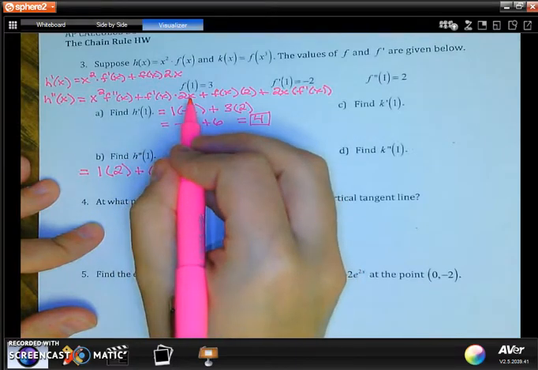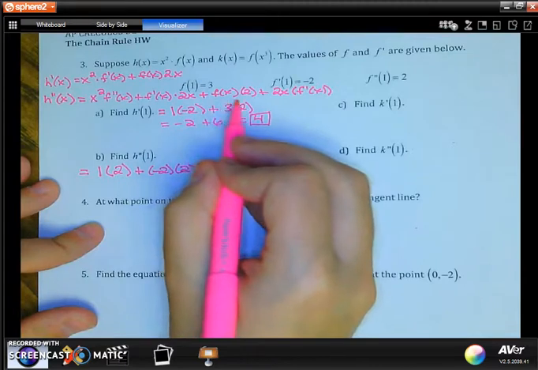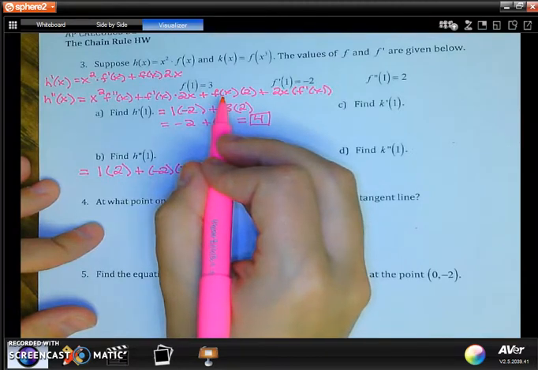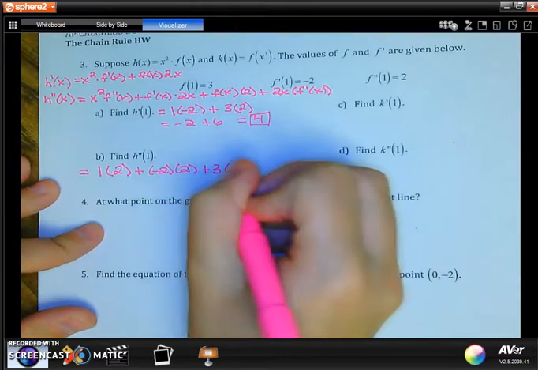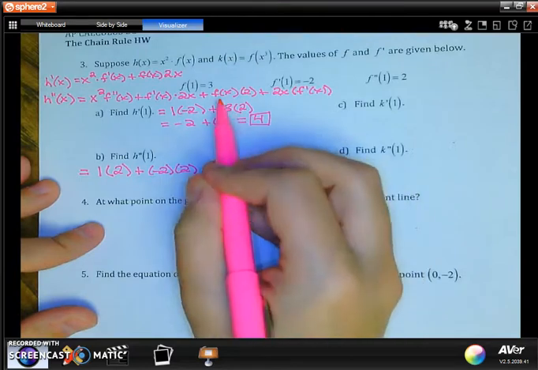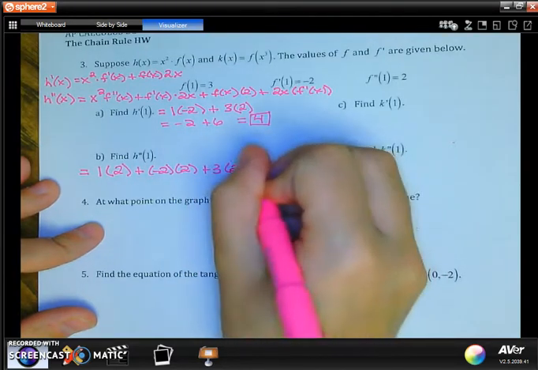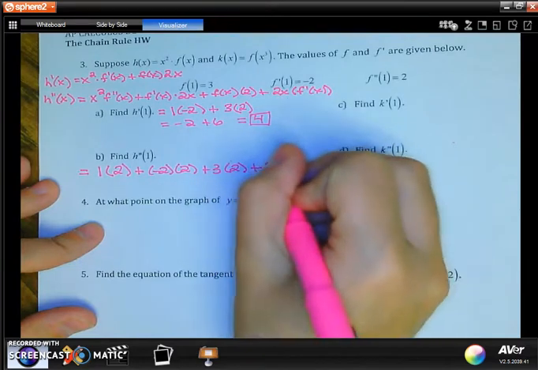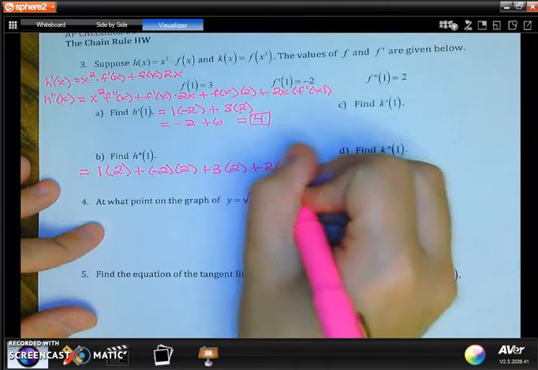And when I plug in a 1 there, I just get 2. So now I'm over in this section here. If I plug in a 1 there, f of 1 according to this is a 3. That's plus a 3. Close parentheses, or now start a new parenthesis. So that was a 3, and multiply that by a 2. Plus, when I plug in a 1 there, I just get a 2. And then when I plug in there, I get a negative 2.